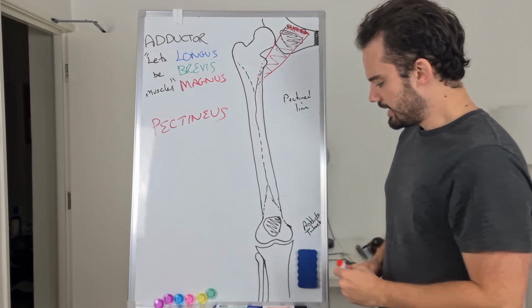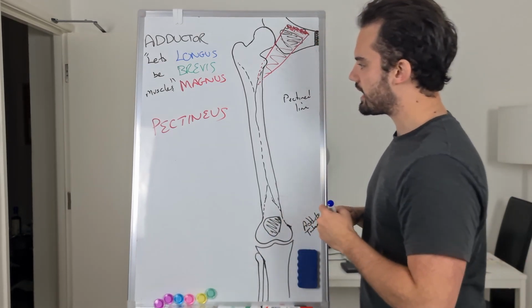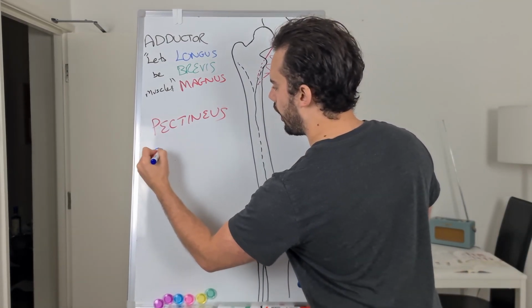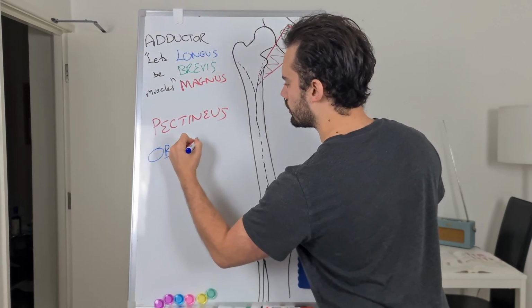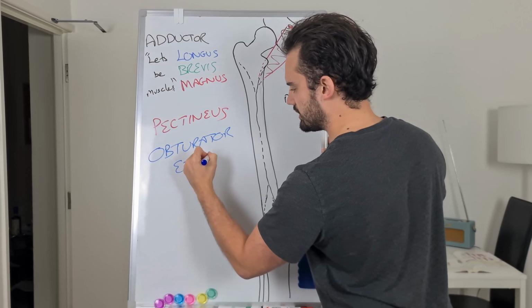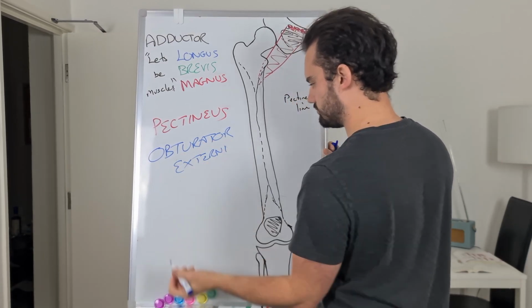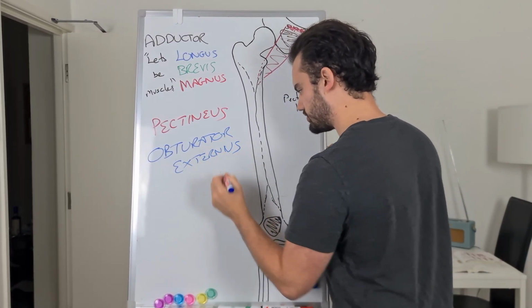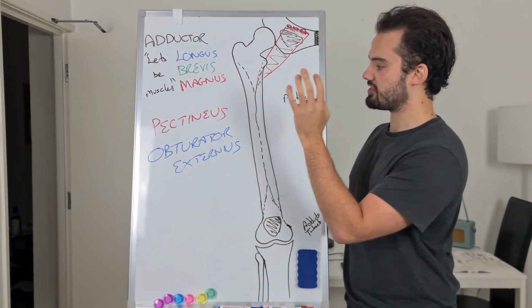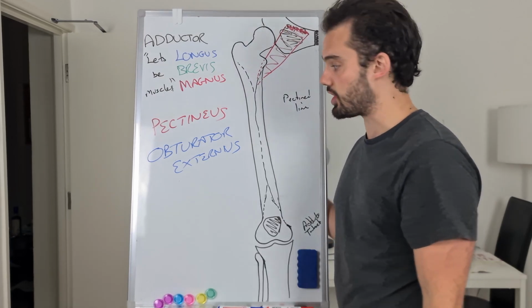Next one is, what am I going to do next? Let's do obturator externus. So obturator externus, think about the name. What does the name tell you?